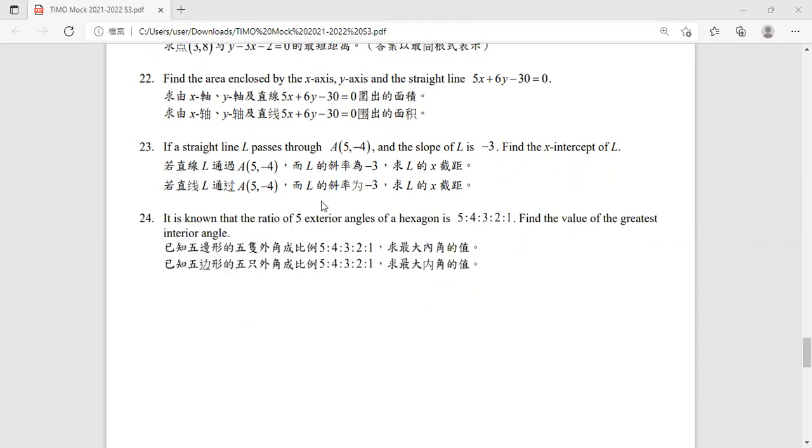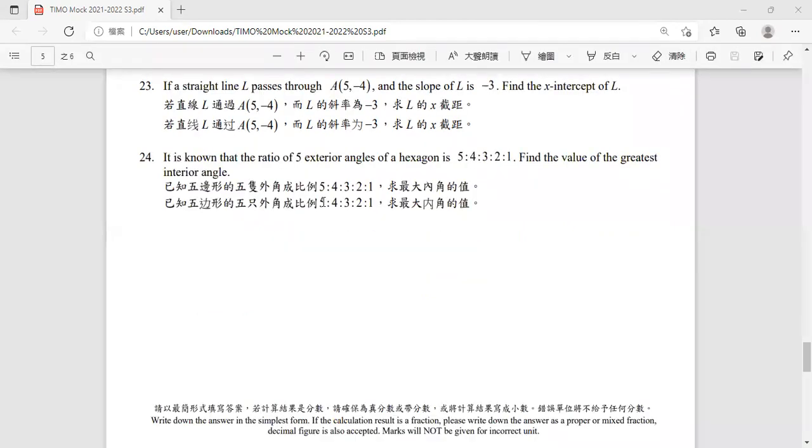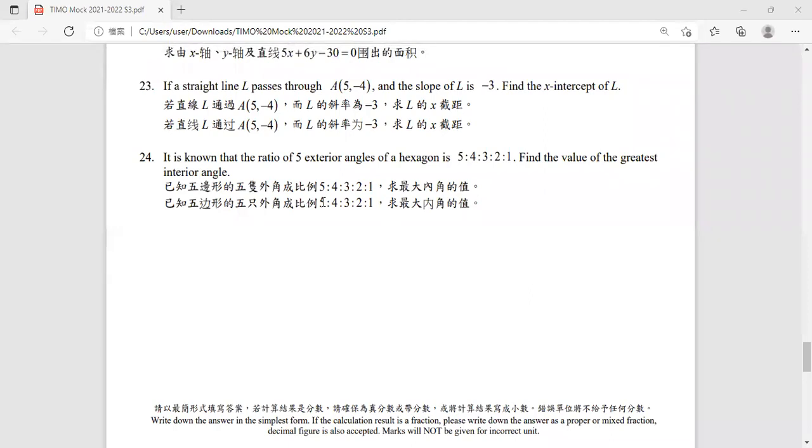Okay, 24. Now they say that the ratio of the exterior angles of a pentagon is 5 to 4 to 3 to 2 to 1. Find the value of the greatest interior angle.